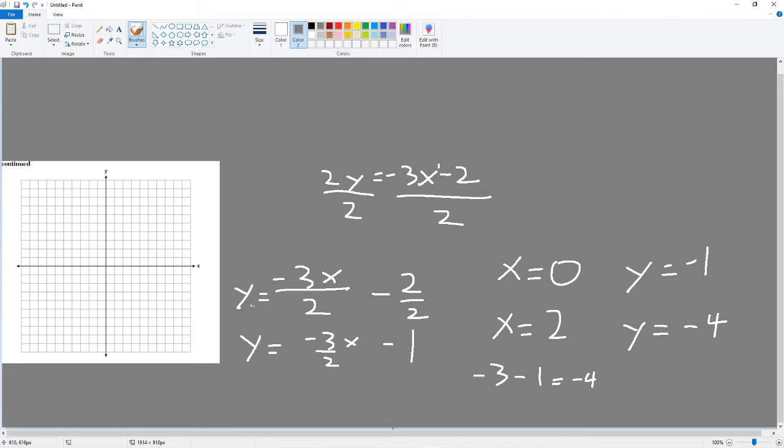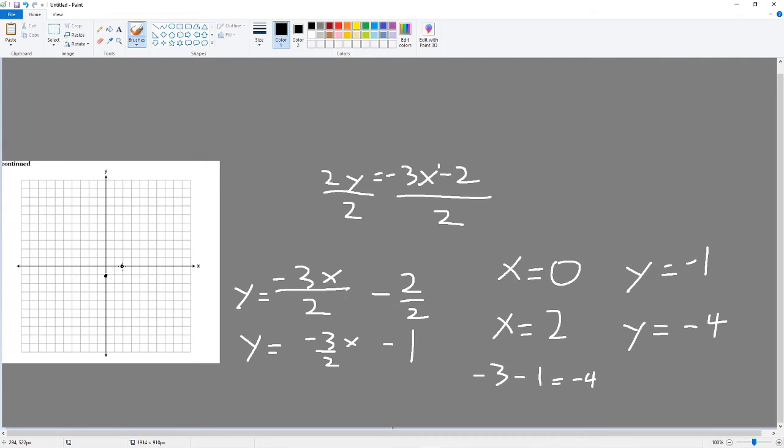Okay, we can see that. So let's plot these points. So 0, negative 1. This is 0, negative 1, and then we have 2, comma, negative 4.